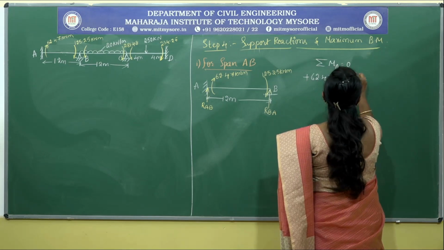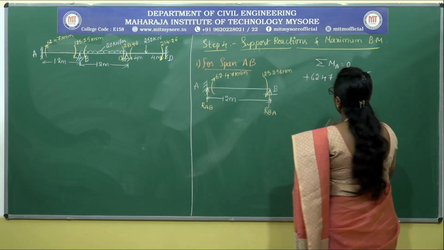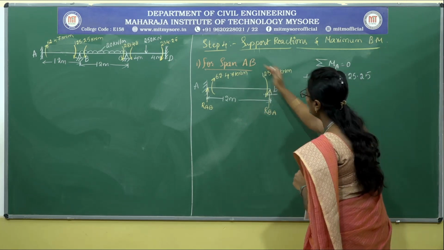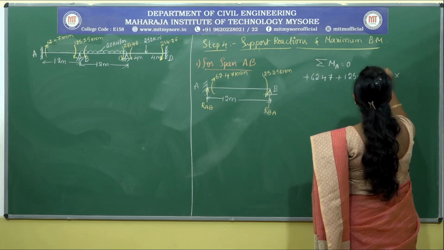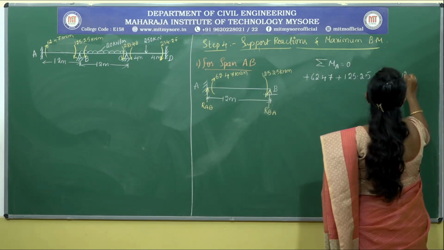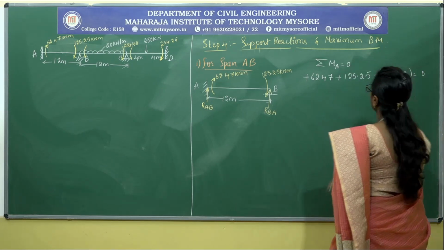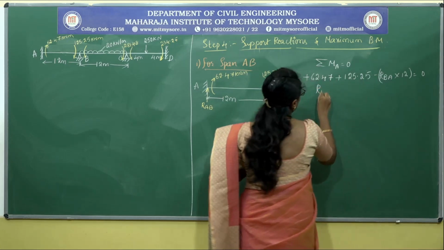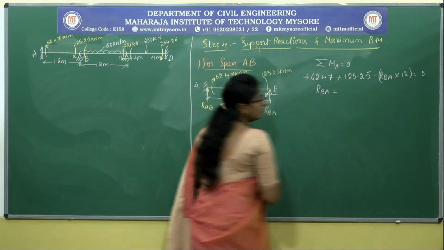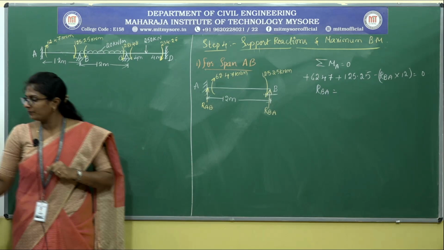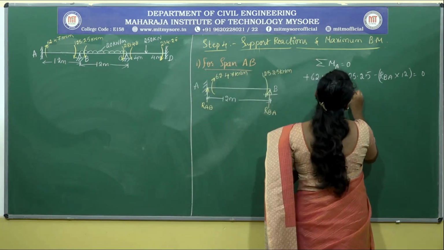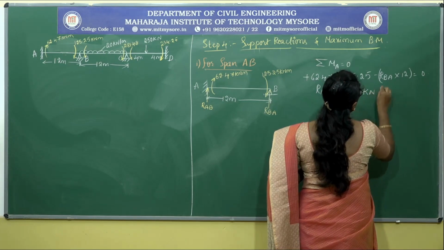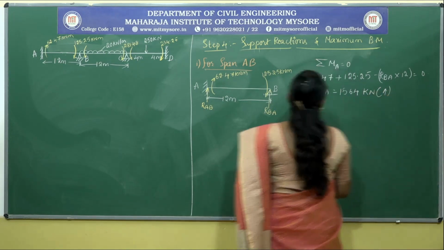So plus 125.25. Then RBA is acting in the anti-clockwise direction at a distance of 12 meter. So the reaction at BA is equal to 15.64 kilonewton. Since it is positive, I take it in the upwards direction.